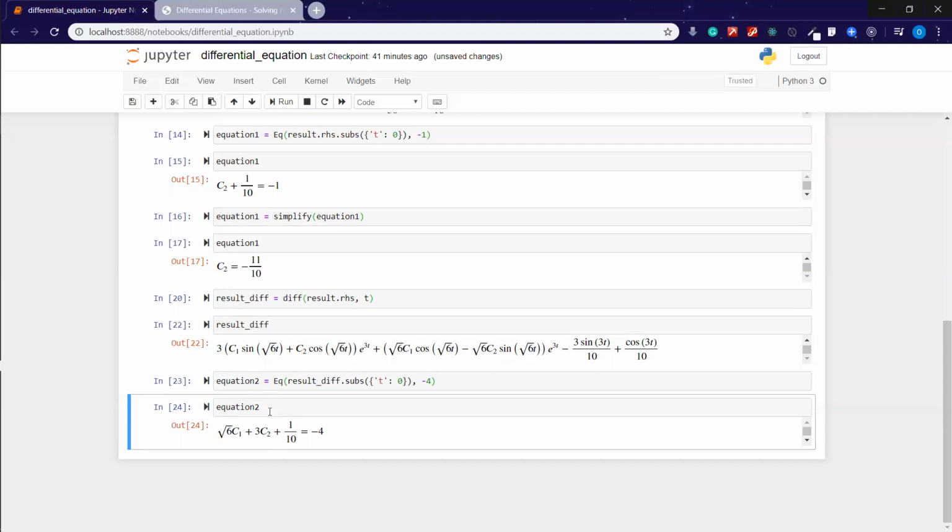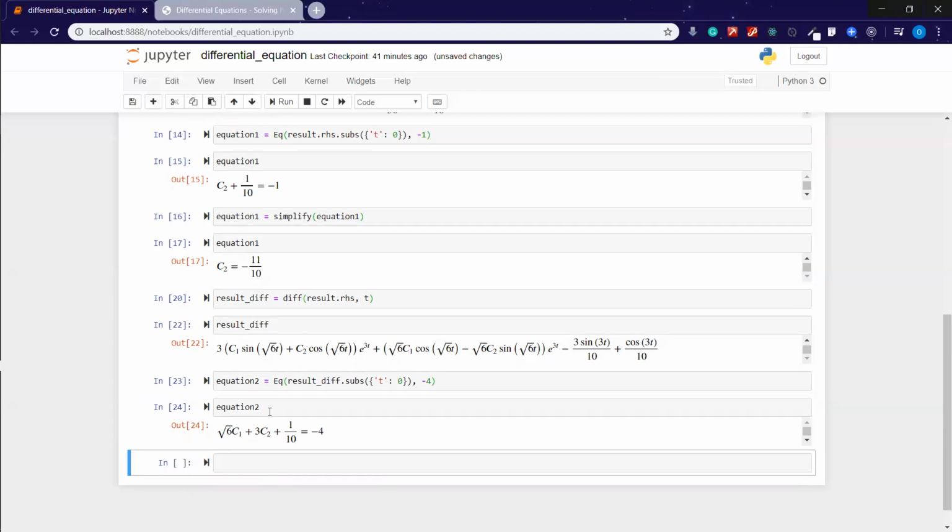Okay, so what we can do is assign equation 2 to the equation 2 we just got, which is everything here, dot subs.